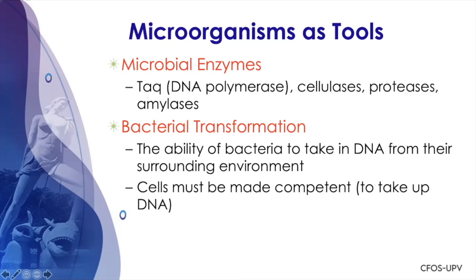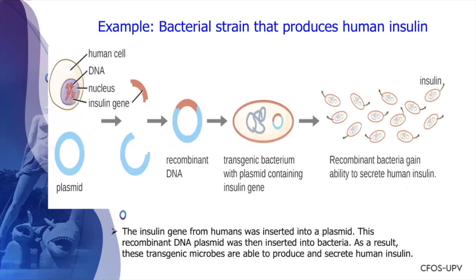We also have bacterial transformation. This is the process in producing human insulin. As I said earlier, you transfer it into the recombinant DNA, with the insulin gene from human, and add it to bacteria.